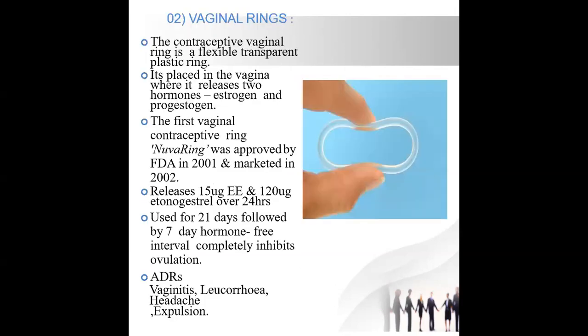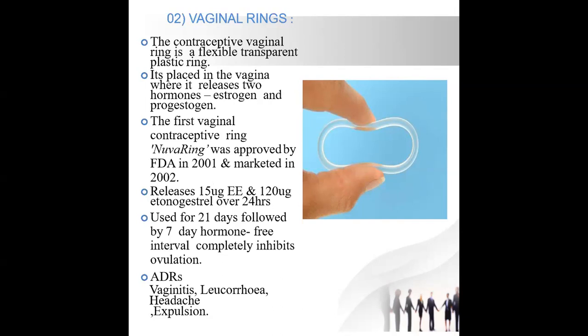When you talk about the vaginal rings, the contraceptive vaginal ring is a flexible, transparent plastic ring. It is placed in the vagina where it releases two hormones, estrogen and progesterone. The first vaginal contraceptive ring, which is called as Nova ring, was approved by US FDA in 2001 and marketed in the year 2002.